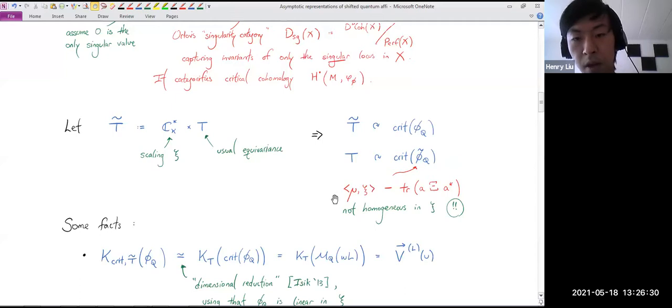So we start off with something which is homogeneous in Xi, and after the perturbation, it's no longer homogeneous in Xi. And so for the perturbed critical locus, the critical function is no longer preserved by this extra equivariance, and we can only act by the usual torus, the smaller torus.